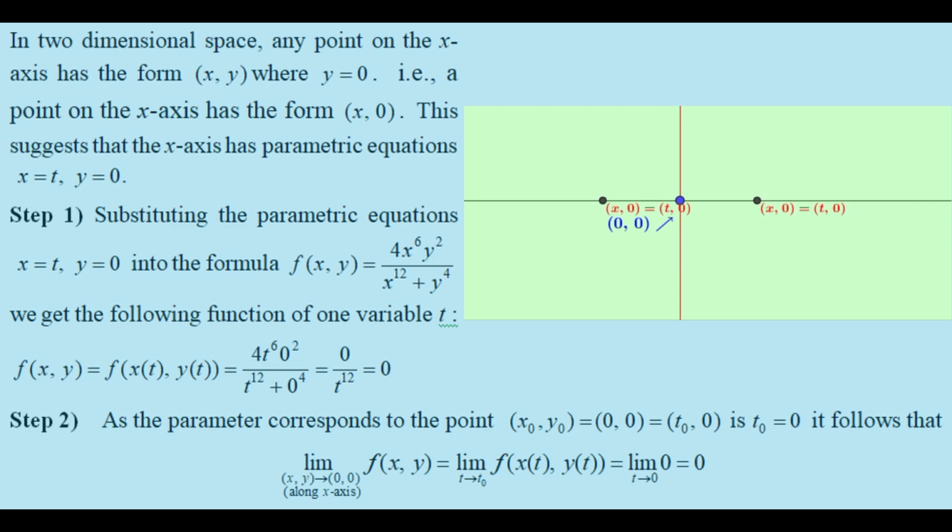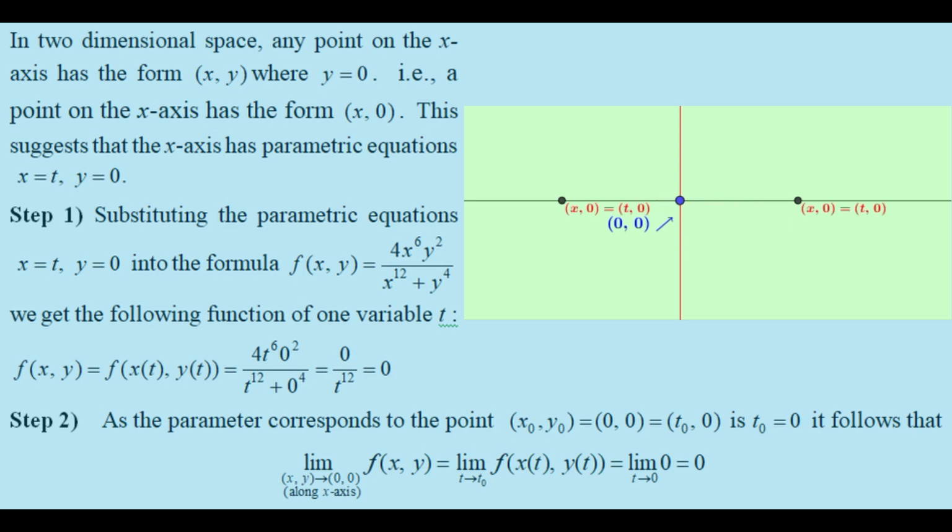f of x, y is equal to f of x of t, y of t, which is equal to 4t raised to 6 into 0 squared all divided by t raised to 12 plus 0 raised to 4, which is equal to 0 by t raised to 12, which is equal to 0.